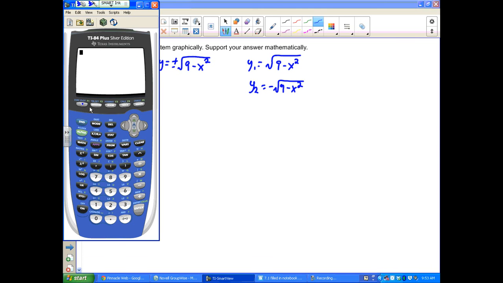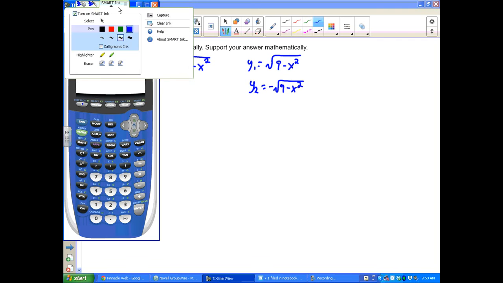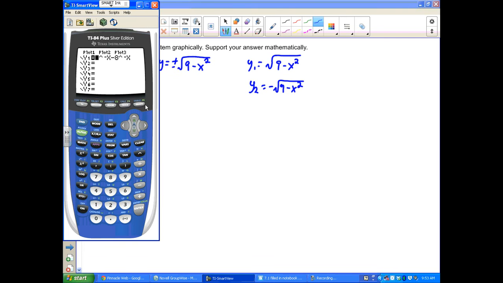Go to y equals, we're going to clear out what we have and put in second square root 9 minus x squared. And then we're going to put a negative square root 9 minus x squared.